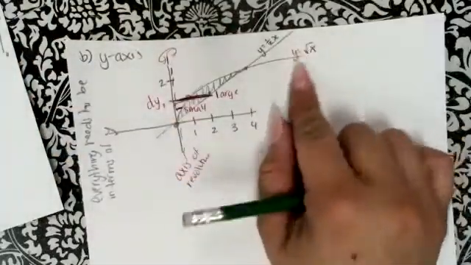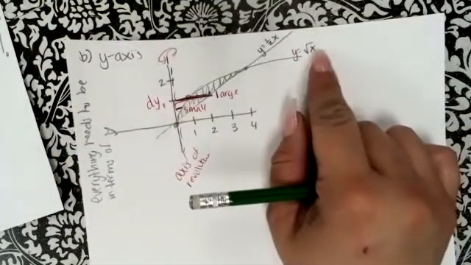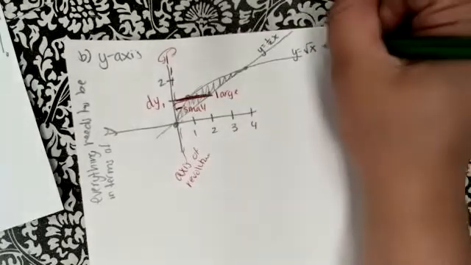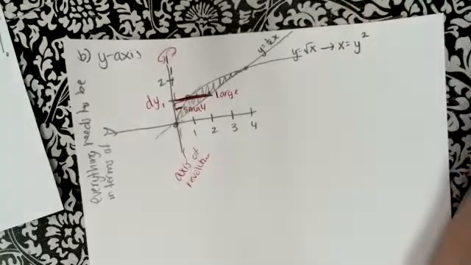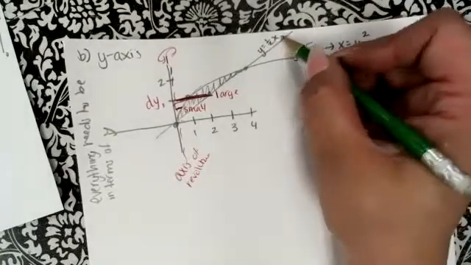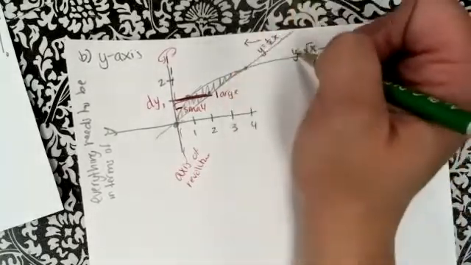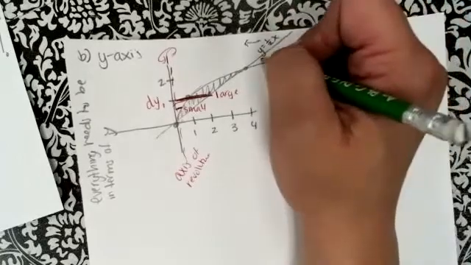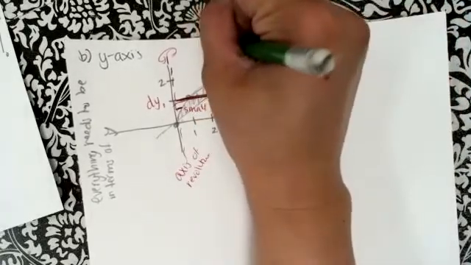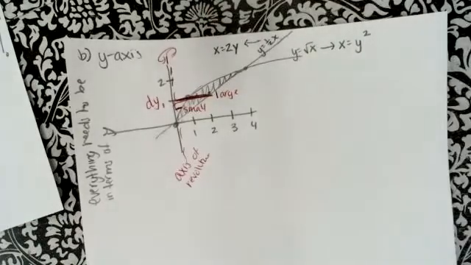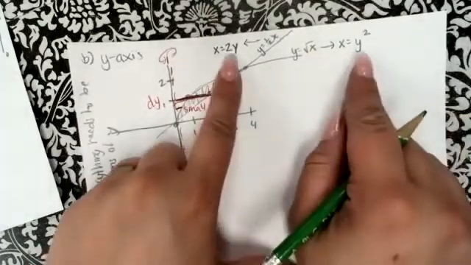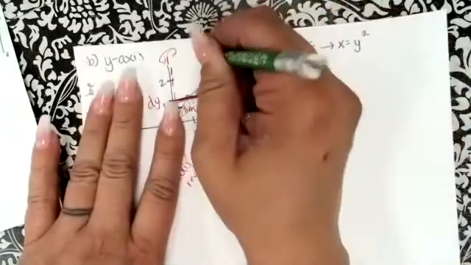So I actually need to solve this and get x equals. So if I square both sides, this one is the same as saying x equals y squared. And right here, I'm going to multiply by 2. So this is the same as saying, if I'm multiplying by 2, I get x equals 2y. So those are the equations I'm going to be plugging in.